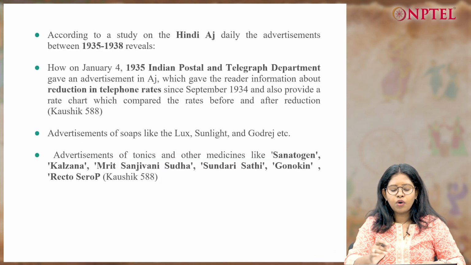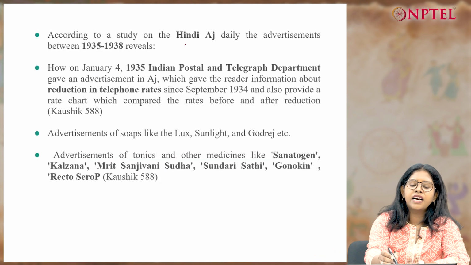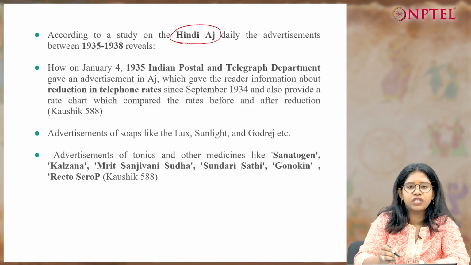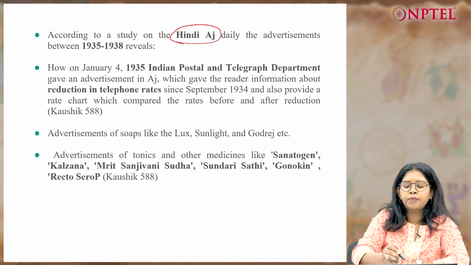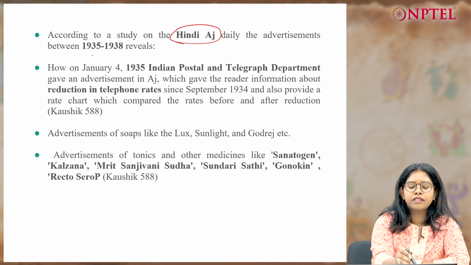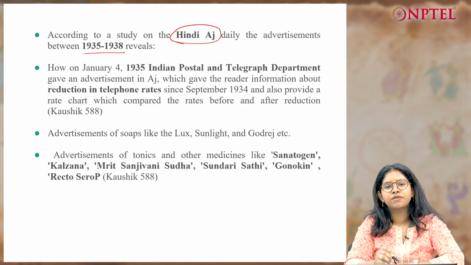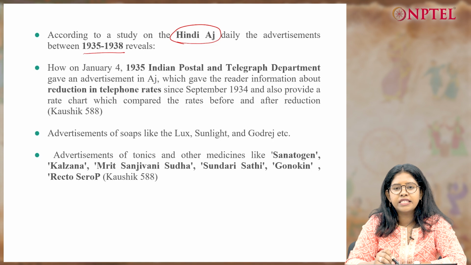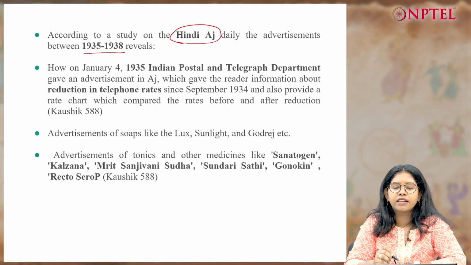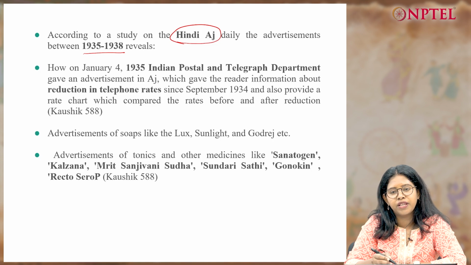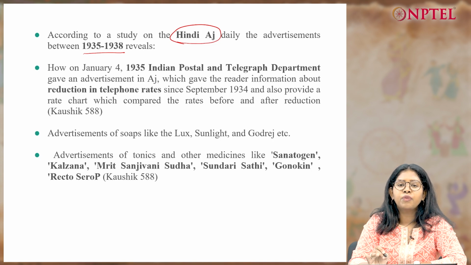Now, according to a study done on the Hindi Aaj Daily, the versions that were taken into consideration were between 1935 and 1938. So between these years, there was a study conducted by Kaushik, reading the daily advertisements that came up in that particular newspaper, and this Aaj Daily comes from UP.